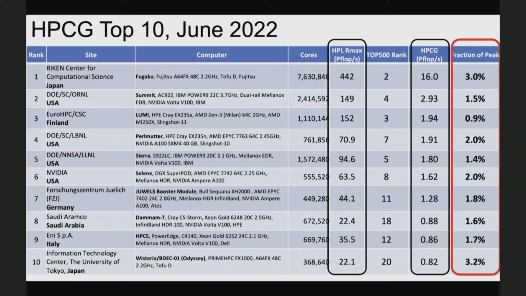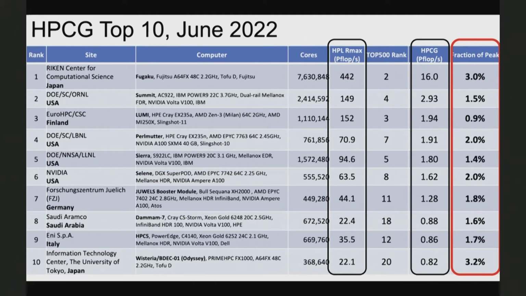And when we look at the fraction of peak performance for solving this HPCG problem, we see that we're only achieving on the order of just a few percent. Here, the Fugaku system is actually doing a very good job at 3% of the theoretical peak, where many of the other machines are getting far less efficiency.